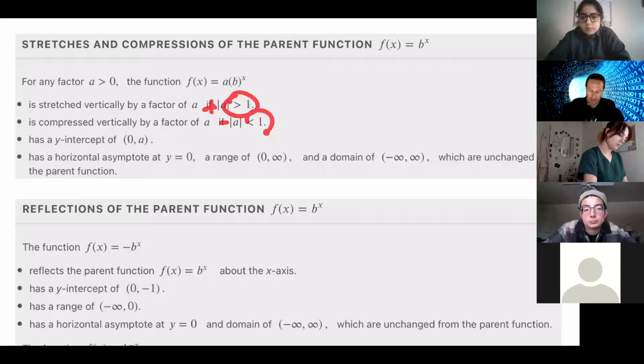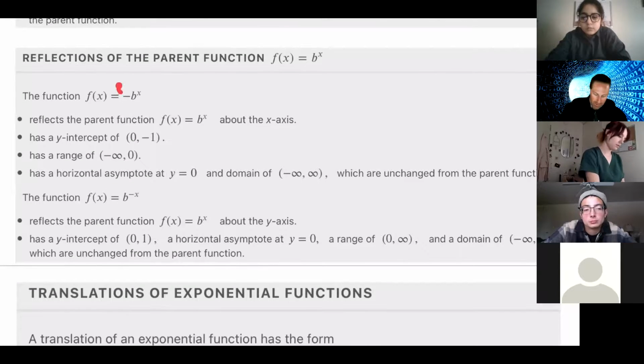We just want to compare it to our original one. If it's bigger than 1, it's going to stretch it to go even faster. But if it's less than 1, then it's going to be half as big or 1/3 as big. It's not going to move as fast. Okay? So the reflections will depend on whether it's positive or negative.